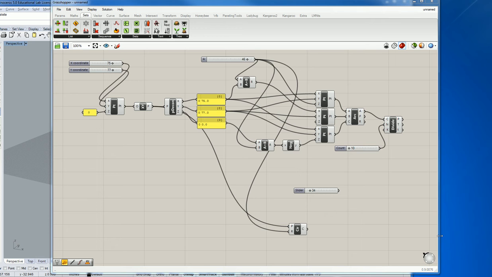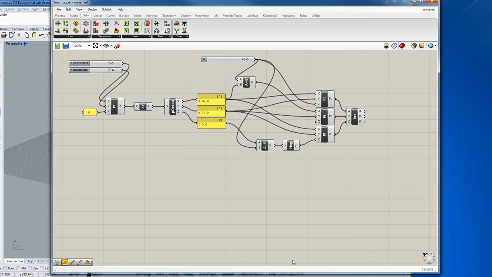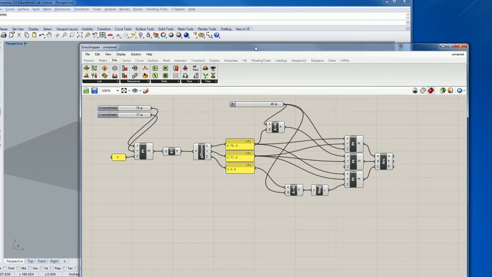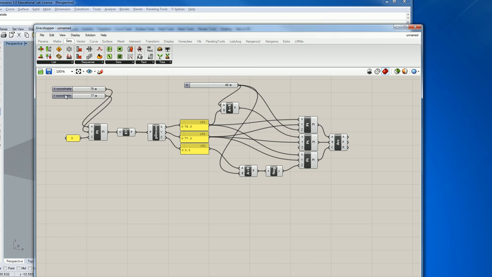This is the function as I came up with it, with the exception of this and this. You don't need these in there. But essentially that takes those points and feeds them from a deconstruction of the points that created the first set of points. So this first component right here is what creates the movability.